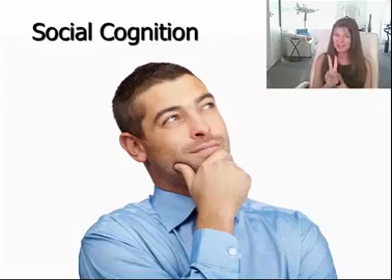We will look at two different kinds of social cognition: intrapersonal cognition, how we think of ourselves, and also interpersonal cognition, how we think of others. This section of the class will also include a mini lecture on attitudes with a focus on social attitudes.